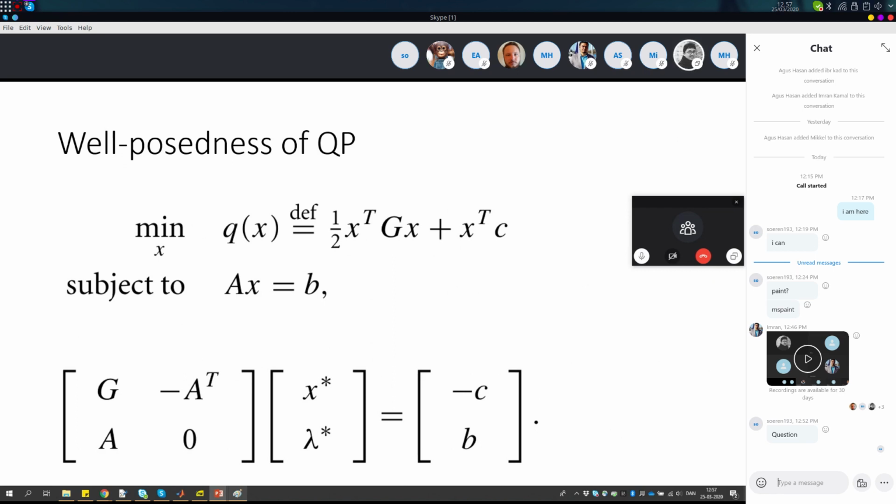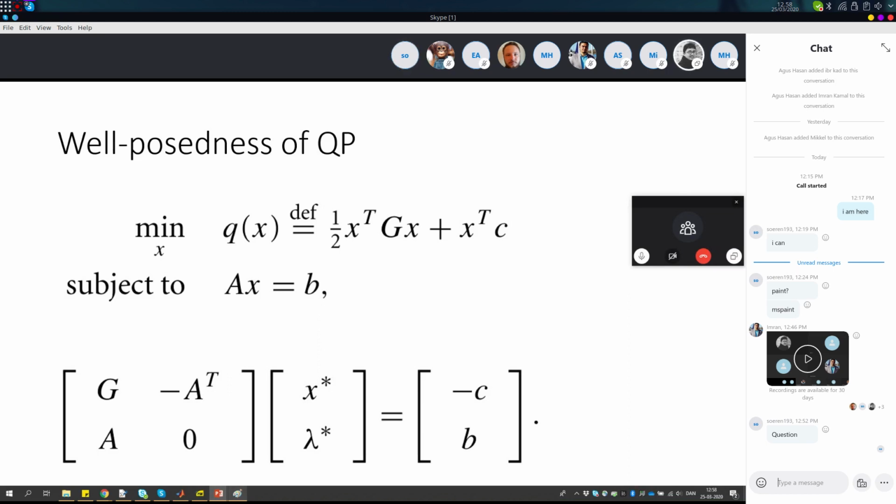Now, what if G is negative, or let's say G is indefinite, meaning that the eigenvalues could be positive and could be negative? Then your problem is not convex, and you will have a problem. There is some class of algorithms that you can use for non-convex quadratic programming, but we won't discuss it in this lecture.